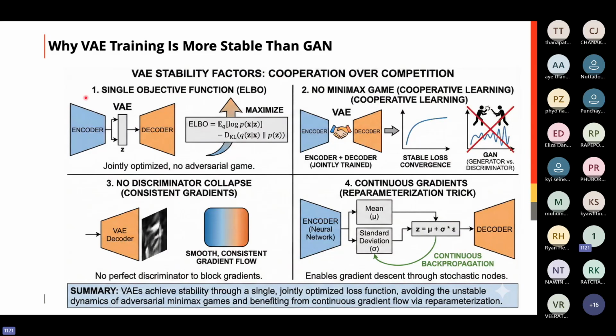When you have two players trying to compete, it looks great. But in VAE, you have a single objective function, just one objective function. Oh, this is supposed to be plus.